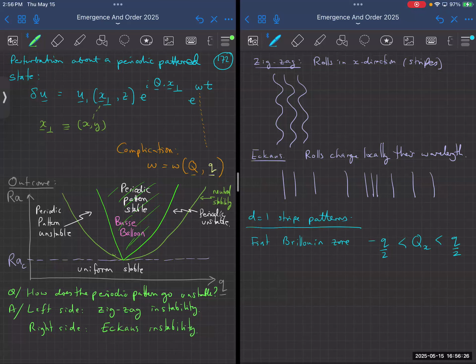There are many possibilities for instabilities. I've shown you two of them, but let me tell you about some of the other ones. You could have, for example, that q is equal to 0. You could have that q is on the zone boundary.